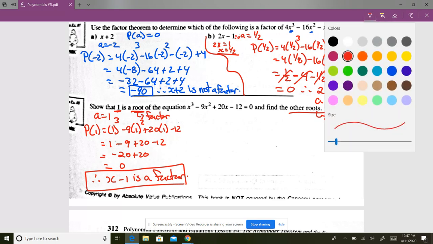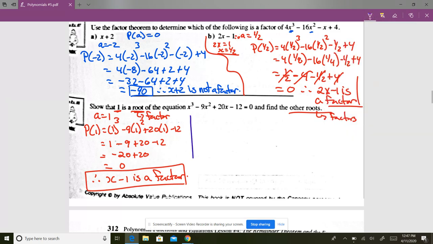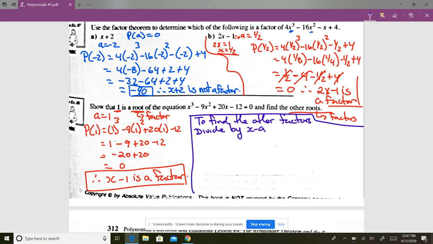And this is where this all comes together. To find the other factors, divide by x minus a. So we do synthetic division.